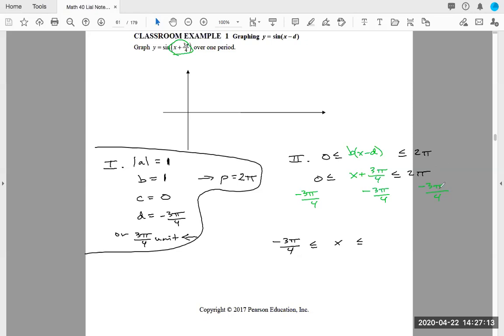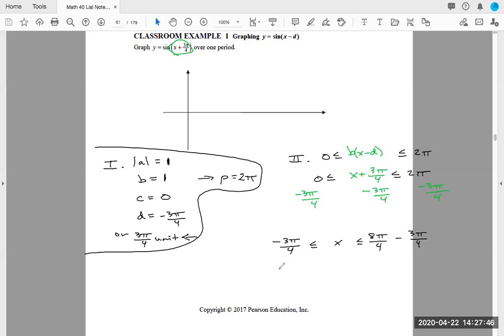For this part, though, remember you have a 2 pi. Actually, let me just put it right here. We have 2 pi minus 3 pi over 4. Remember, common denominator would change 2 pi into 8 pi over 4.